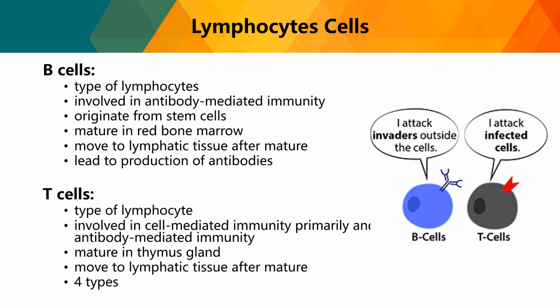T cells, on the other hand, are involved primarily in cell-mediated immunity and also antibody-mediated immunity, and they mature in the thymus gland and move to lymphatic tissue after maturation, and there are actually four types. In the image on your screen, it shows the primary functions. B cells attack invaders outside of a cell, while T cells attack infected cells.